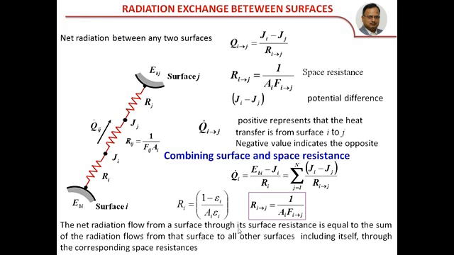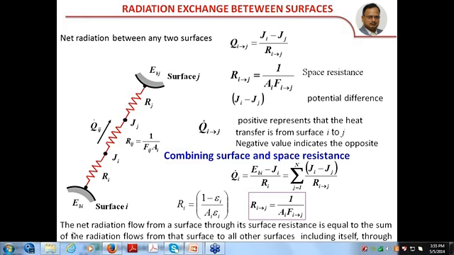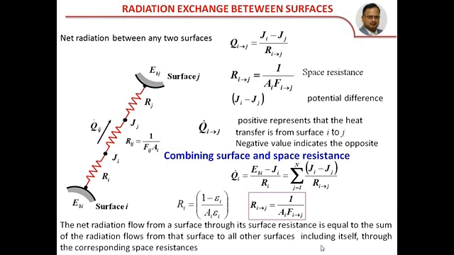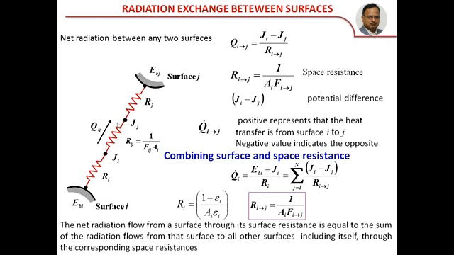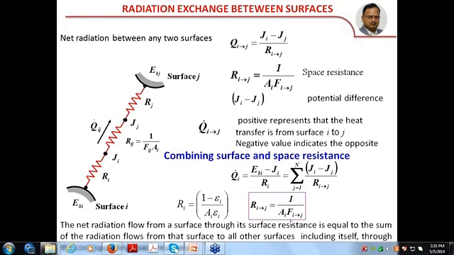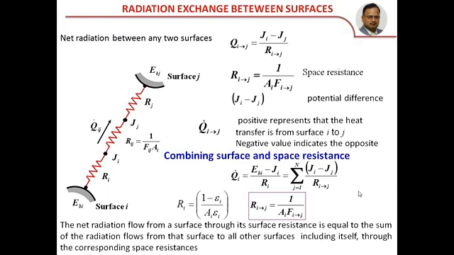Net radiation flow from a surface through its surface resistance is equal to the sum of the radiation flows from that surface to all other surfaces, including itself, through the corresponding space resistances.